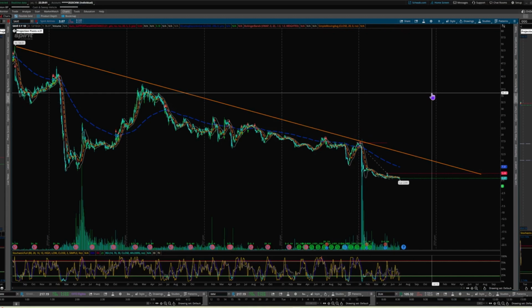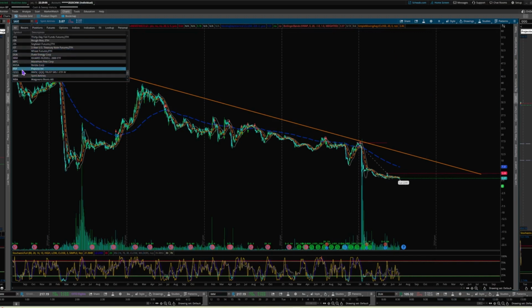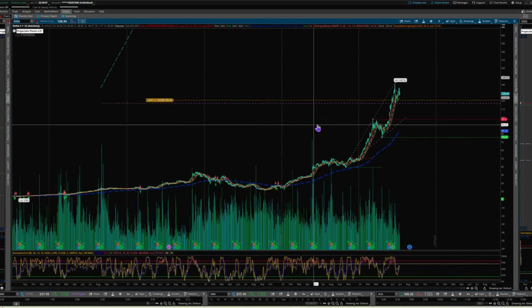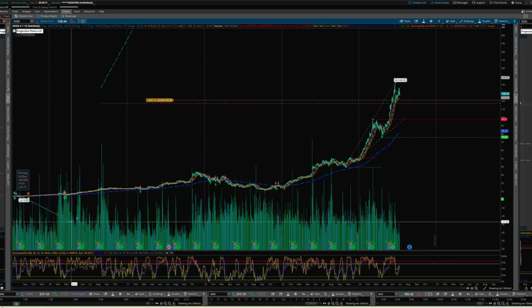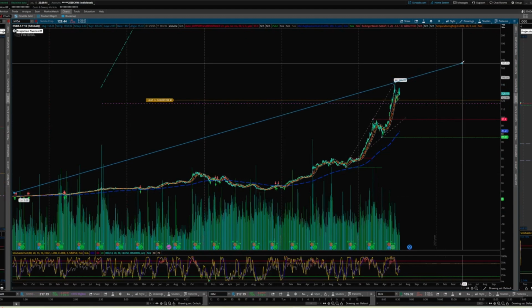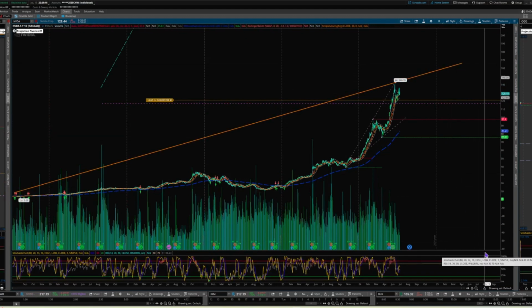You want to see things that have been on an uptrend. Things like, let's check out Nvidia. See this? Overall trend pointed up. That's what you want to see.